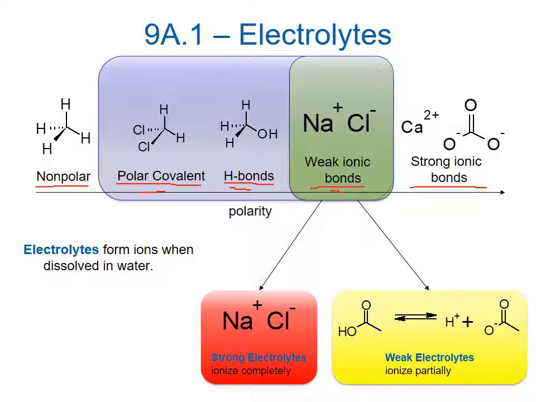We can define electrolytes as being either strong or weak, and that's going to be dependent completely on the ionization, which again is equilibrium driven. Strong electrolytes are going to dissolve completely like salt. Weak electrolytes are going to ionize partially. A lot of organic acids are like this, so the example shown is acetic acid. Any sort of acids and bases that aren't salts are going to be weak electrolytes.